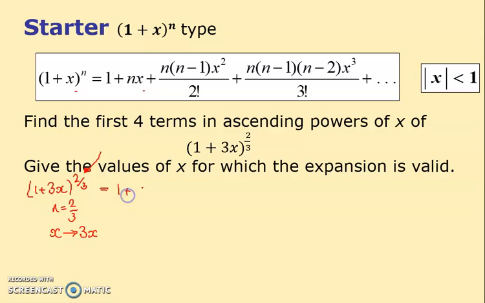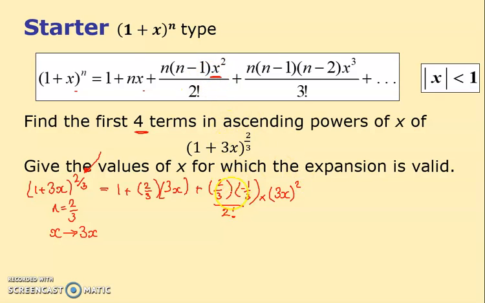I'm going to write 1 plus n, which is 2/3, times the x. How many terms? It wants me to do 4 terms, plus n times n minus 1, which if you're doing a calculation is minus 1/3, divided by 2 factorial, times the 3x squared. So this is where we've got to get our head around it.